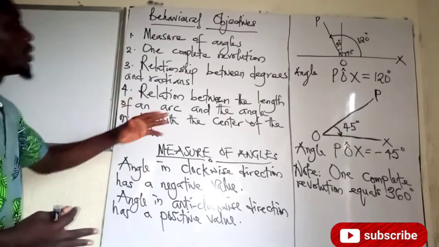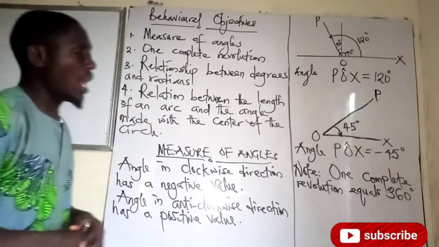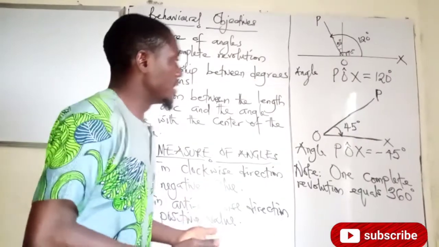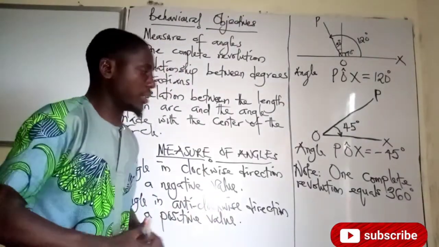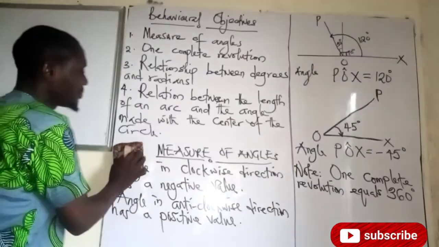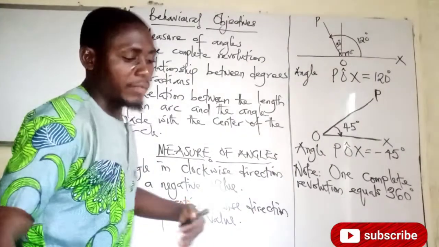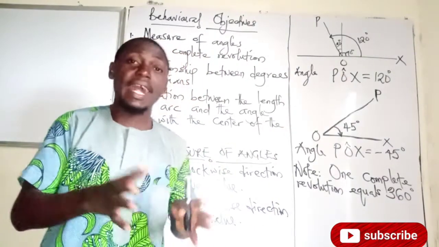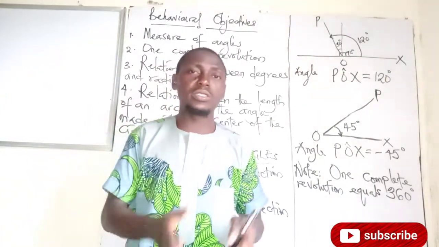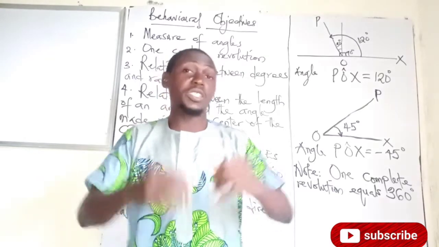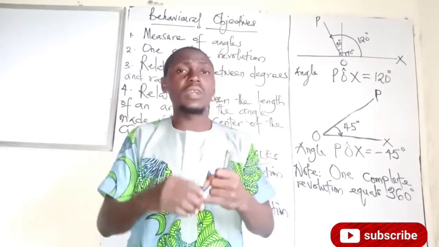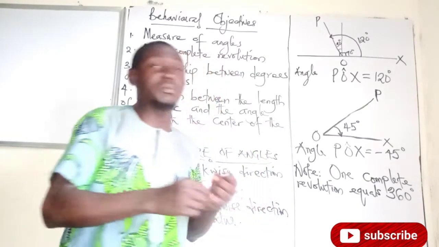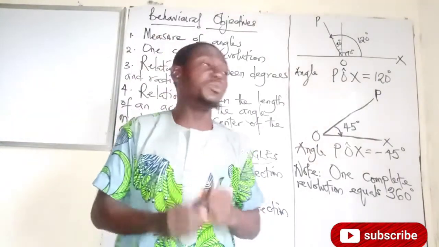We have the relationship between degrees and radians. How do we relate radians and degrees together? Of course, we have two notable ways in which we can measure angles. We can measure angles in terms of degrees or radians, that is, the unit of angle can be in degrees and it can be in radians.